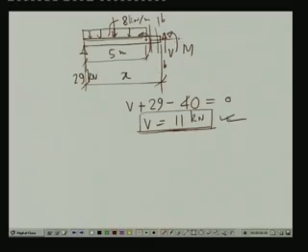Now, if you compute the value of the bending moment at this particular section, then taking moment of all the forces with respect to this particular section BB, we have M, which is in the anticlockwise direction, then the contribution of the moment from RA is in the clockwise direction. So, M minus 29x, and this also in anticlockwise direction, so, plus 8 into 5 into 5 by 2, so, 5 square by 2, and we have a concentrated moment which is also in anticlockwise direction.